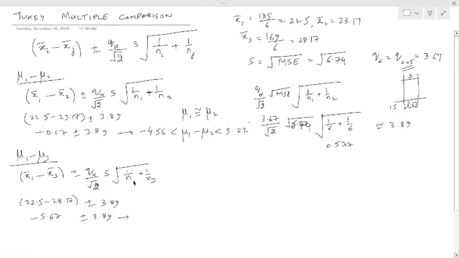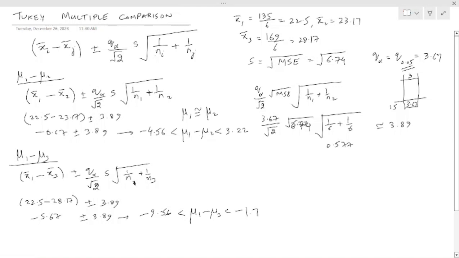The lower one is coming up minus 9.56, whereas the upper bound is coming as minus 1.78.